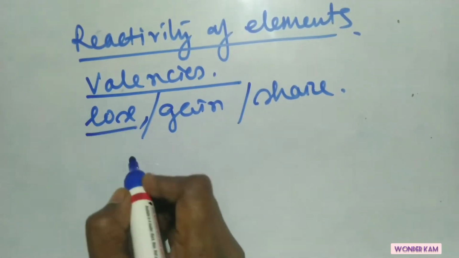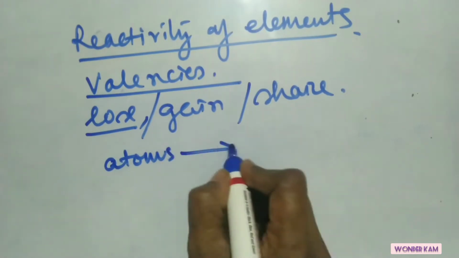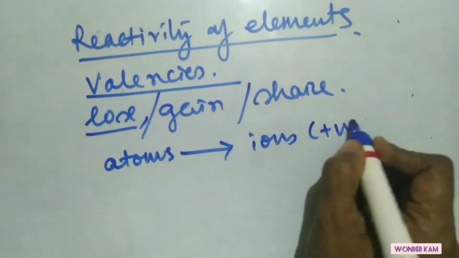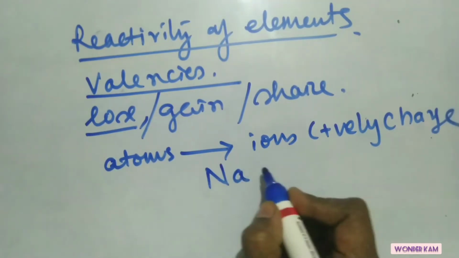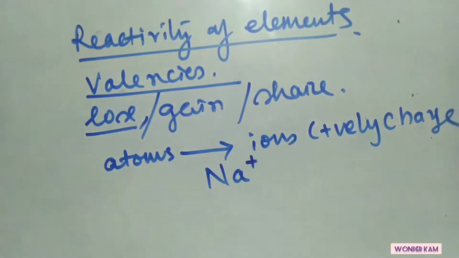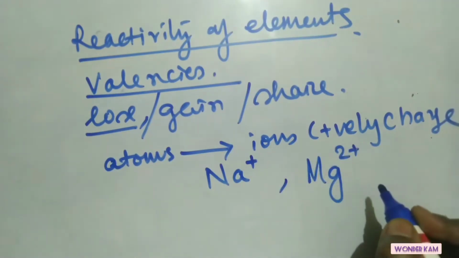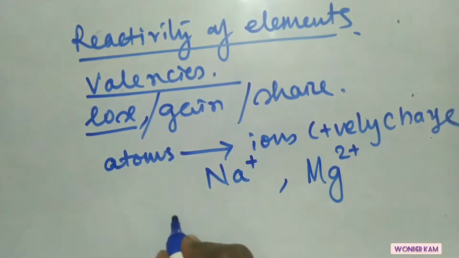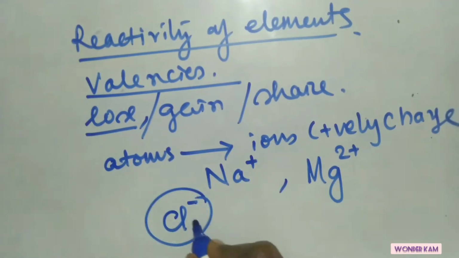By losing electrons, the atoms become ions, that is, positively charged. For example, in the case of sodium, by losing 1 electron, it becomes Na+. Similarly, for magnesium, by losing 2 electrons, it becomes Mg2+. And what about Cl-? By accepting 1 electron, chlorine becomes the chloride ion, so its valency is 1.